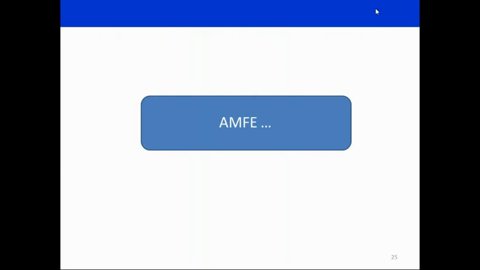The program that I will be talking about in this presentation, the program on applied mathematical finance for engineers, is designed to impart the kind of knowledge that these companies are looking for.